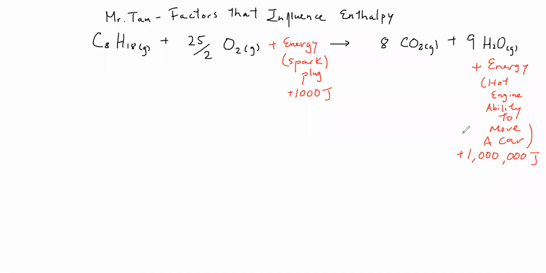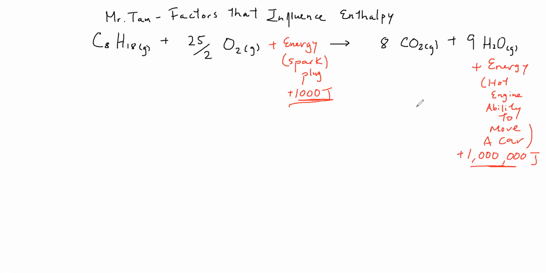If you compare the two amounts, you can clearly see that the amount of energy released by this combustion reaction is way higher in comparison to the amount of energy originally used to get this reaction started. So where is the energy larger? Is it on the product side or on the reactant side? Well, in this particular case, you have a greater amount on the product side.